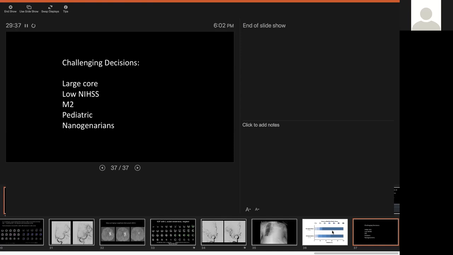And the last point I'll make is that we did do a follow-up diffusion perfusion scan on everybody 24 hours after they were enrolled in the Diffuse 3 trial. So in the medical arm patients, the ones who didn't get thrombectomy, we were really interested to know 24 hours later, which on average was 37 hours after last known well, what percent of patients still have a mismatch at 37 hours? And among the Diffuse 3 medical cohort, it was 20% of those patients.